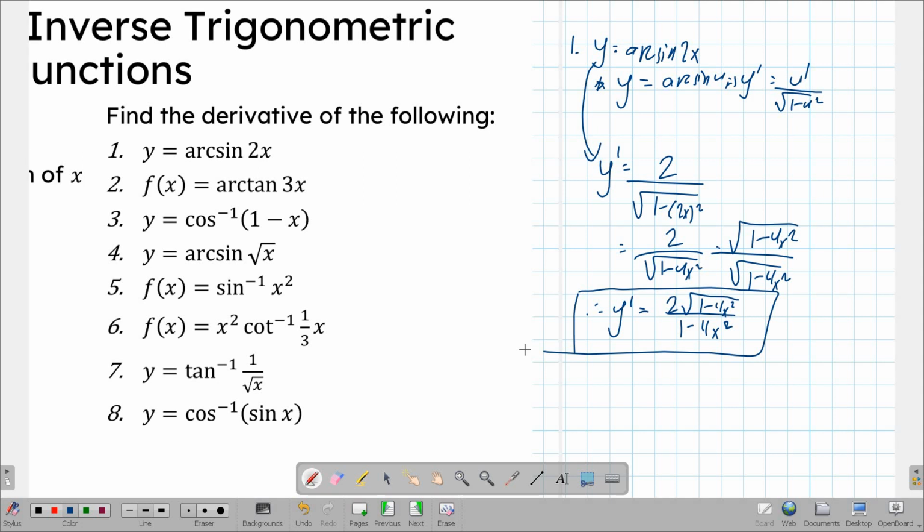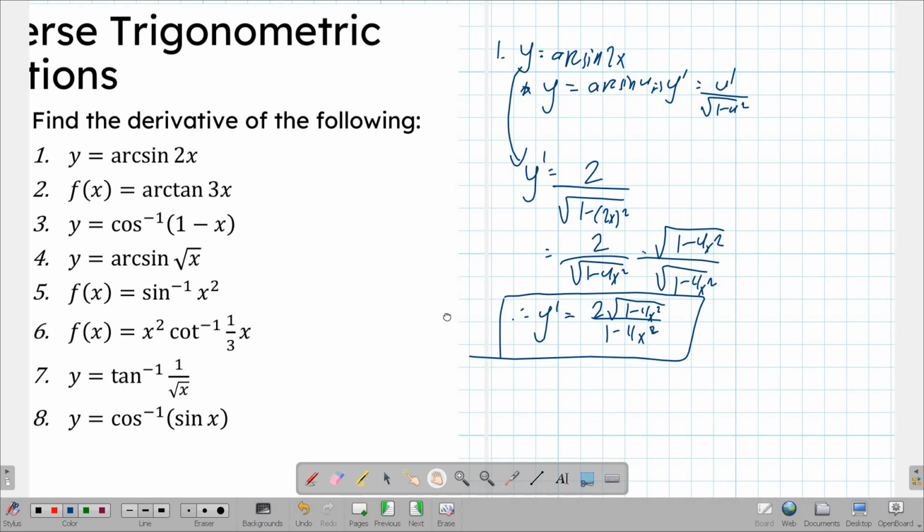So let's now have the next one. For us to have more complicated examples, let's go back to number 2 because it's already assigned.